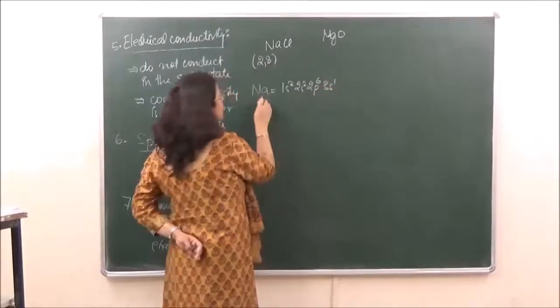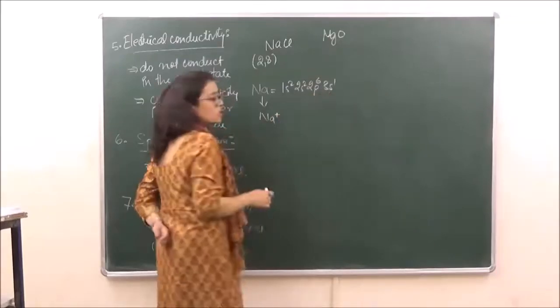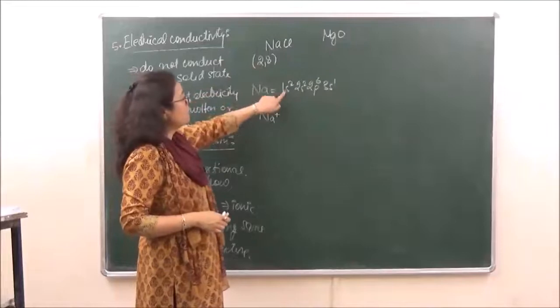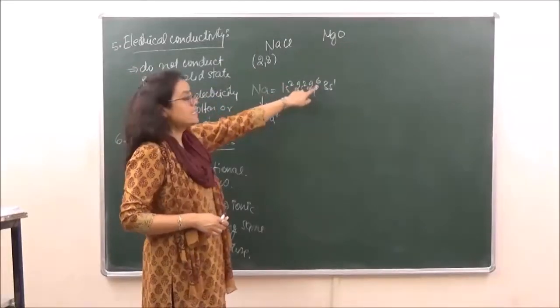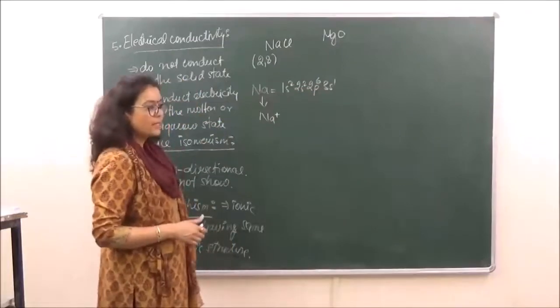When this is converted into Na positive ion, the outer shell goes away. So in the first shell it is 2 and in the second shell it is 8, so the electronic configuration is 2,8.